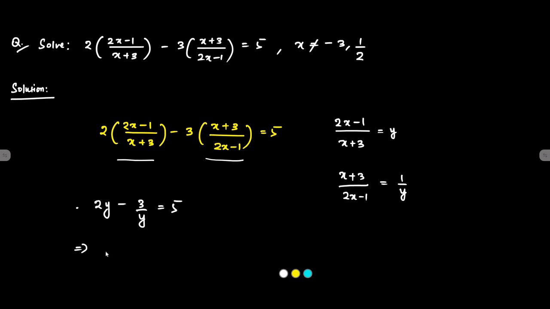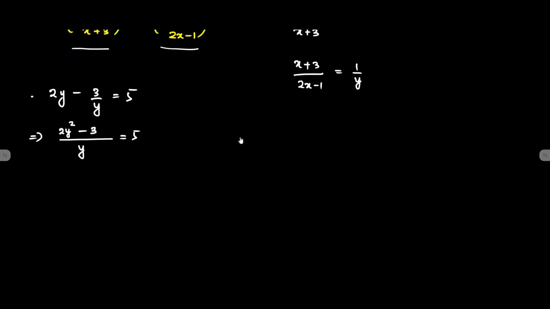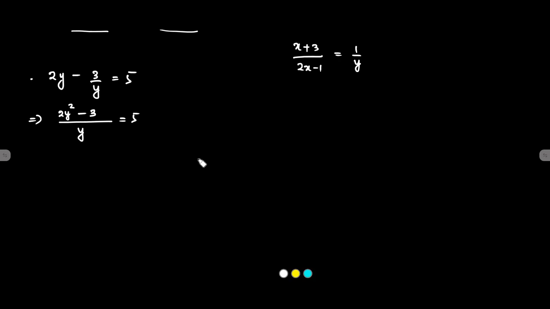That implies 2y square minus 3 is equal to 5y, or 2y square minus 5y minus 3 is equal to 0.